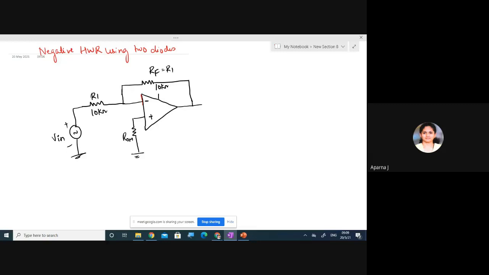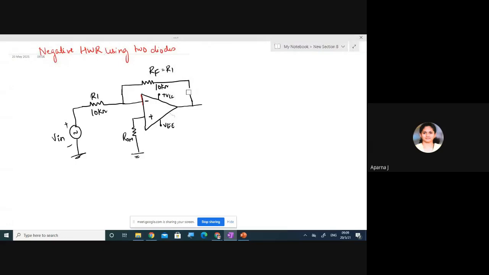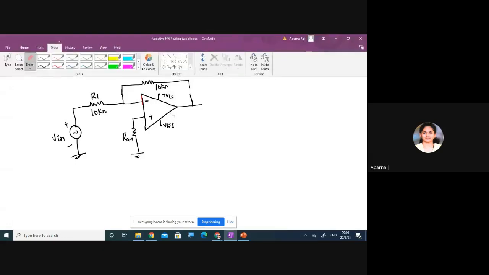Now to the same inverting amplifier circuit, we are converting this to a negative half wave rectifier circuit using two diodes. One of the diodes will be connected here, between this point, that is in the feedback.